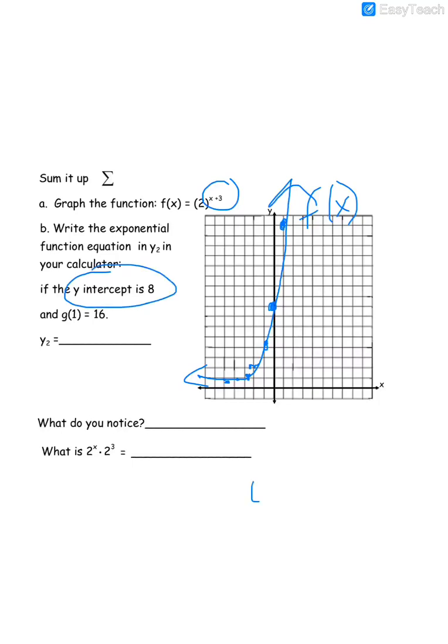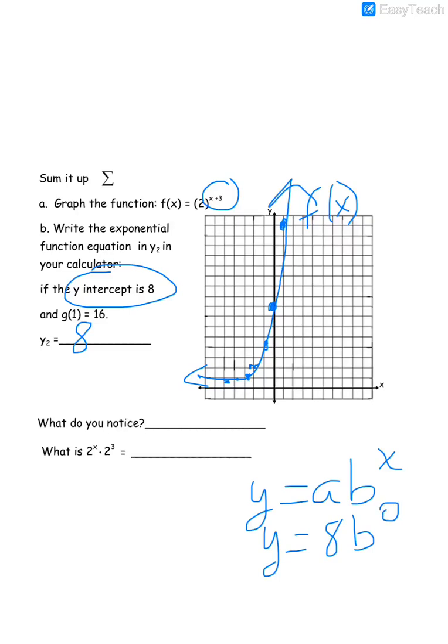Do you remember when we did this before? y equals a b to the x, and we said the y-intercept is your a. So y equals 8 b to the x. When x is 0, y equals 8, because b to the 0 is 1. So y equals 8. That's my y-intercept.